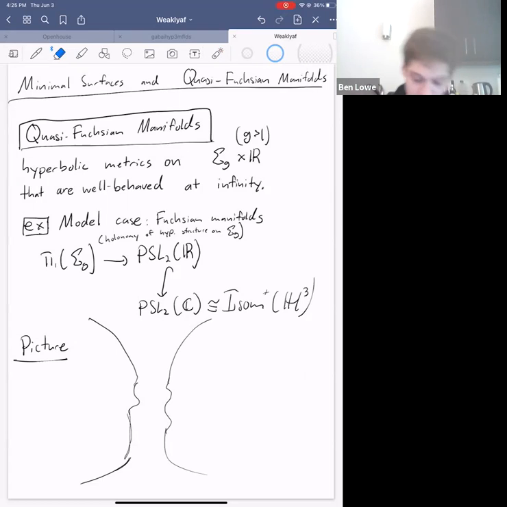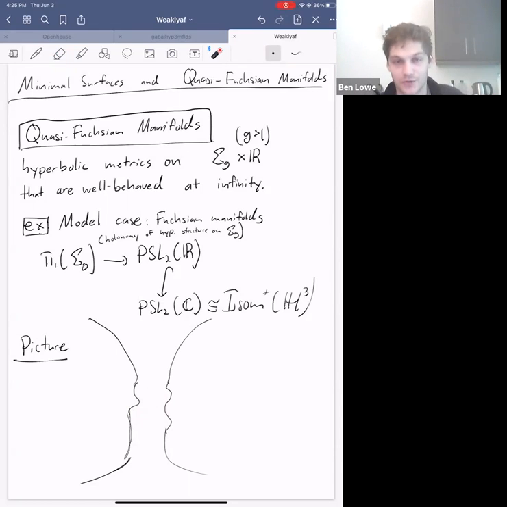In general, like in this picture I drew, what I mean by saying that a quasi-Fuchsian manifold is nice at infinity is that it's flared out in this predictable way where you can basically write down the metric explicitly. But in the middle, in this convex core region, that's where all the action is happening.